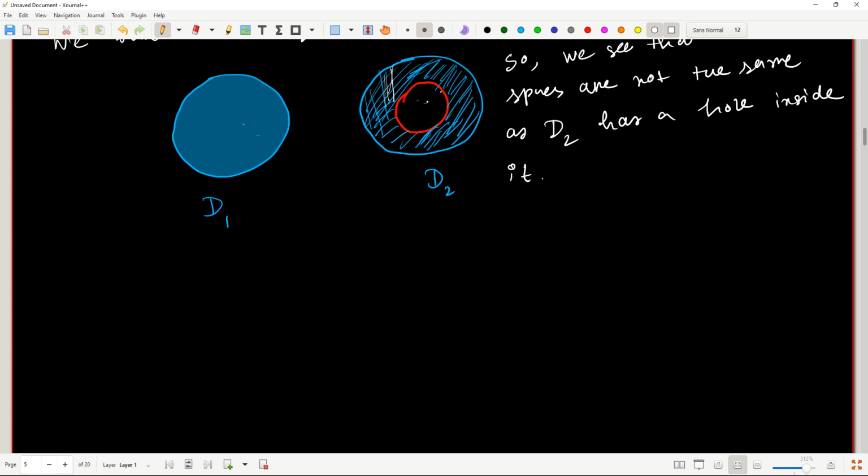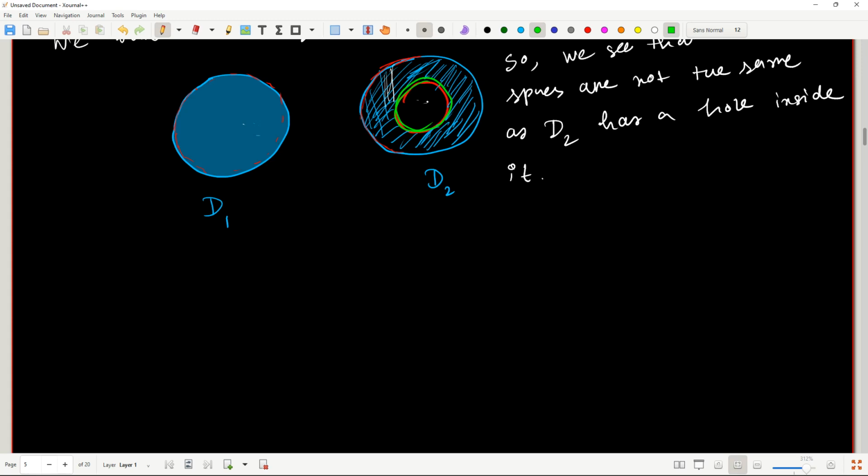That means, let's say this guy over here, intuitively you can understand that this is a boundary, right? But this D1 also has a boundary over here. So having a boundary doesn't necessarily mean there is a hole. However, this inside line over here, this one, this is not a boundary.